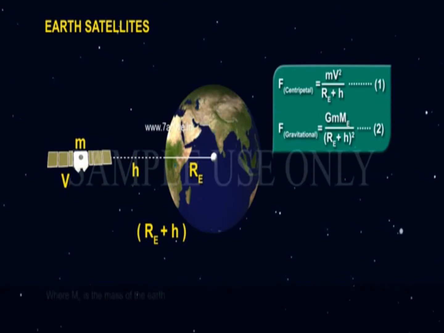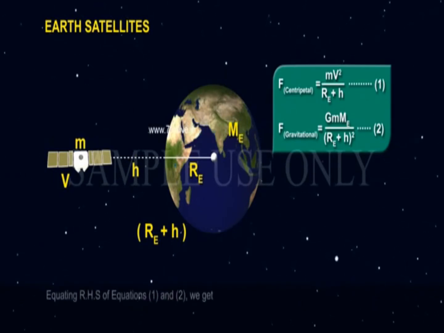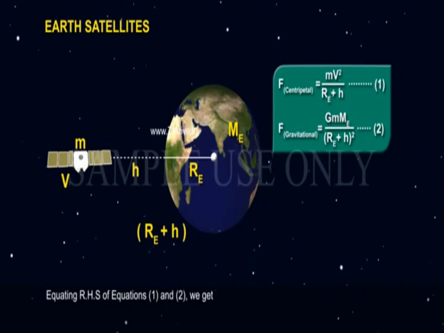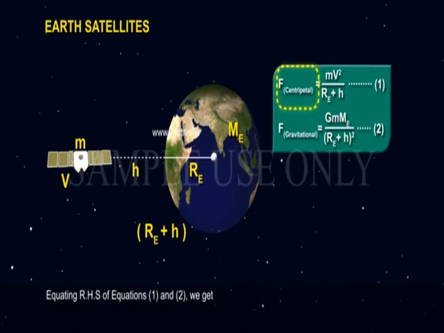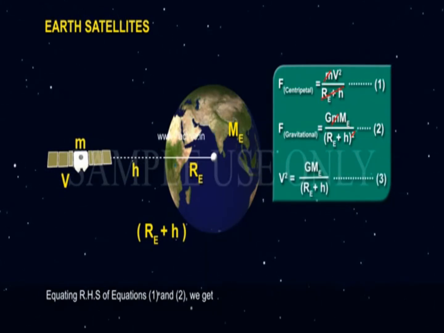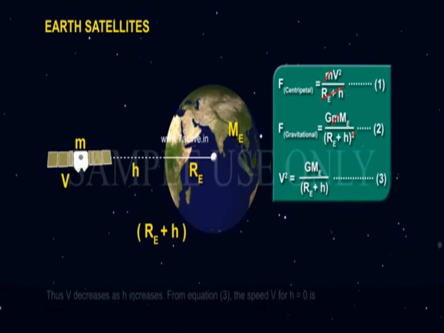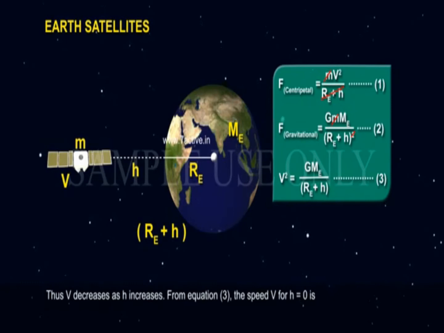So equation 2: GMm over (R_E plus H) squared is equal to centripetal force mv squared upon R_E plus H, equating the RHS. R is the radius and x is the distance of the satellite from the surface of the Earth. So we can find the velocity V equals the square root of GM_E over R_E plus H, equation 3. Thus, V decreases as H increases.